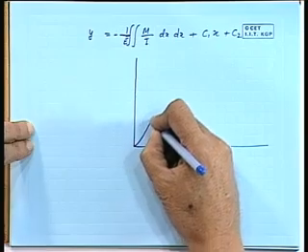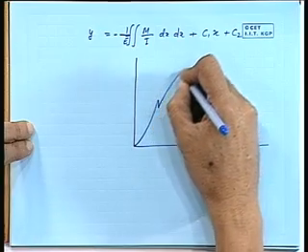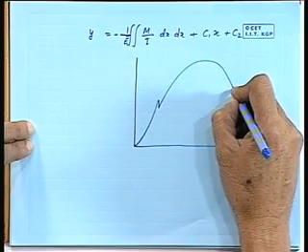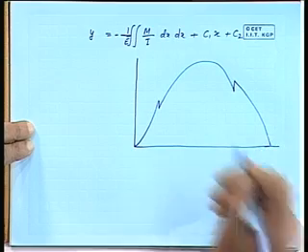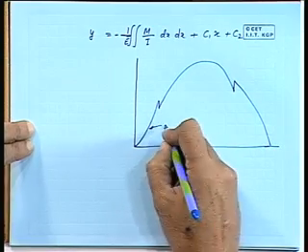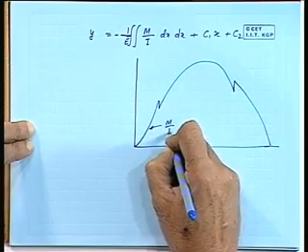we get a sort of M by I variation, something like this. I am taking a general curve here, not too much variation. So, say this is your M by I curve.